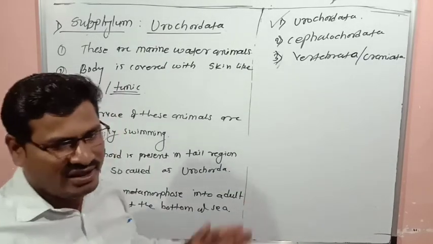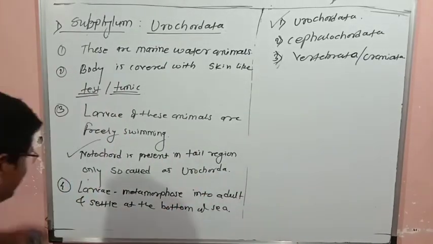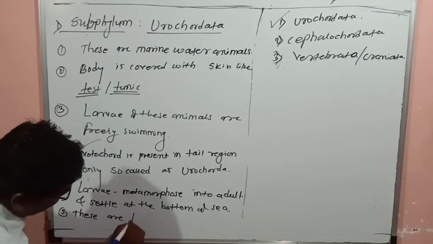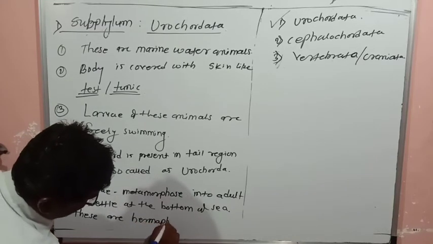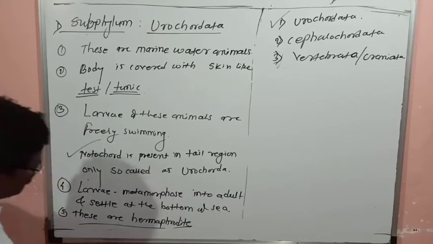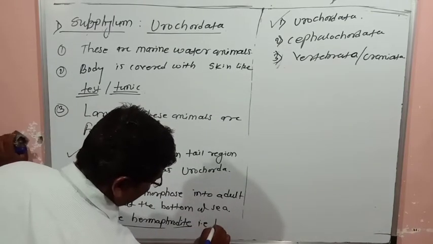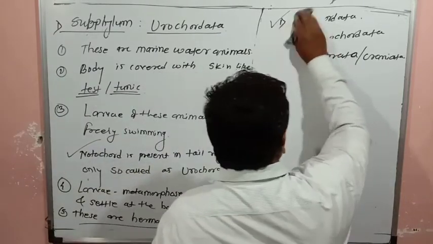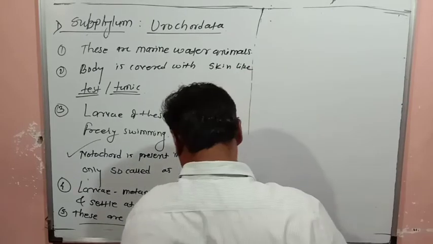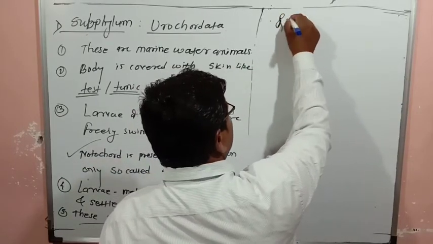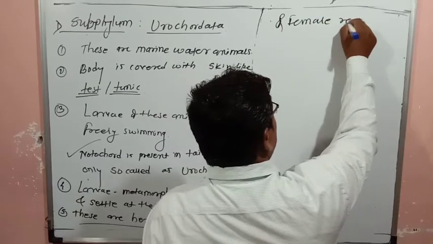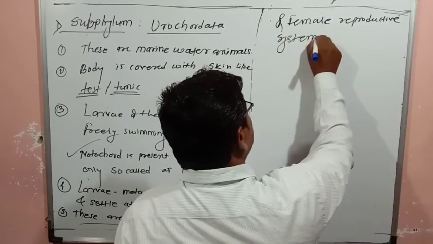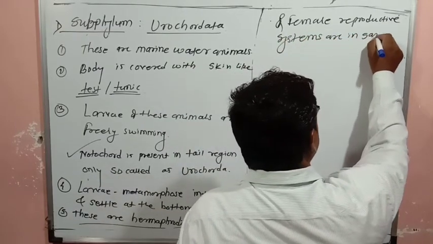Four characteristics over, and the fifth characteristic is that these are hermaphrodite, that is, both male and female reproductive systems are in the same animal.